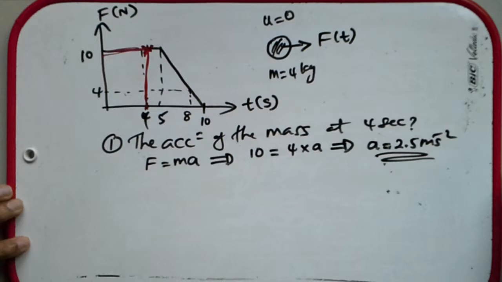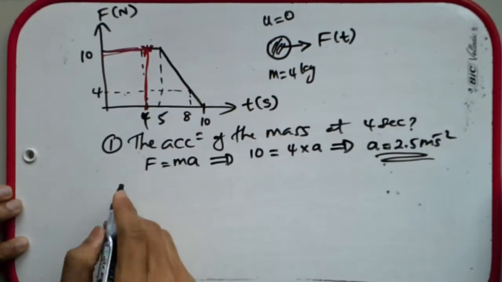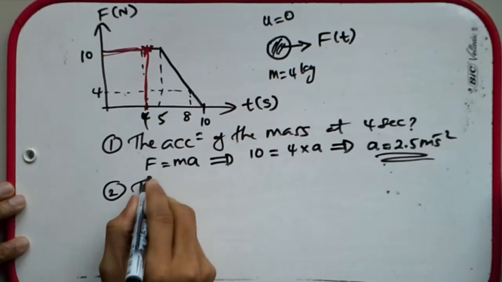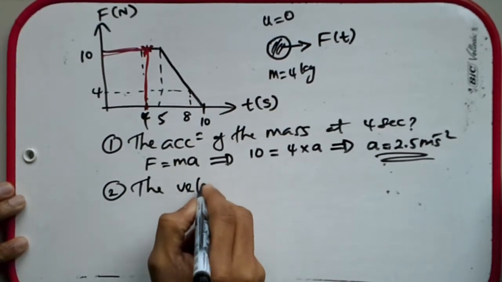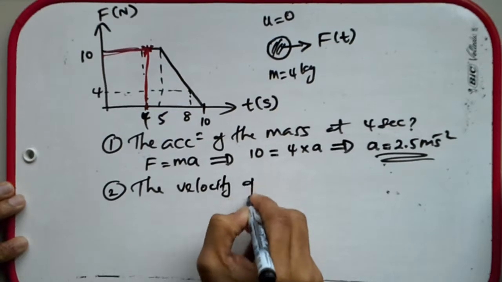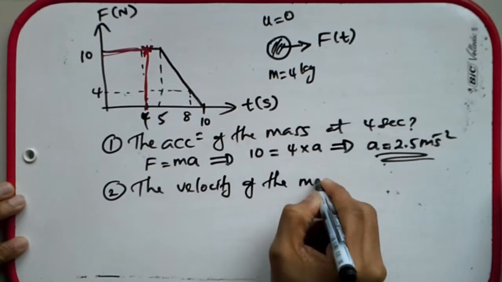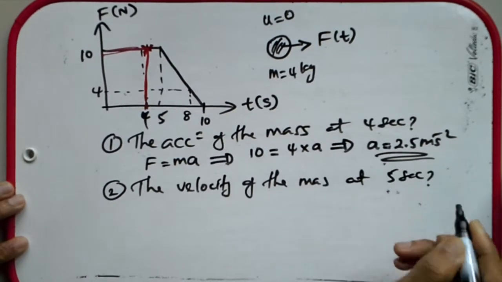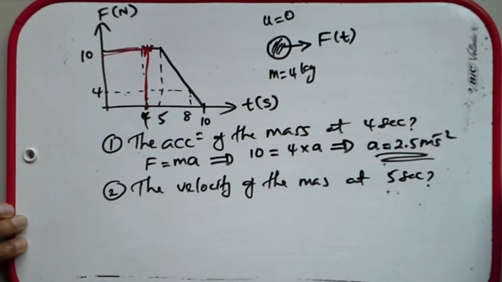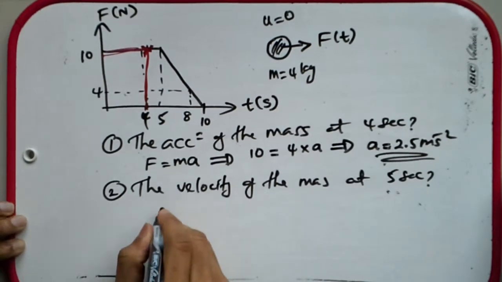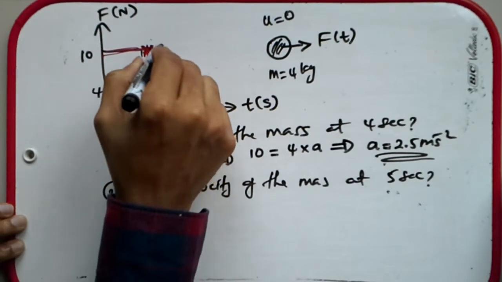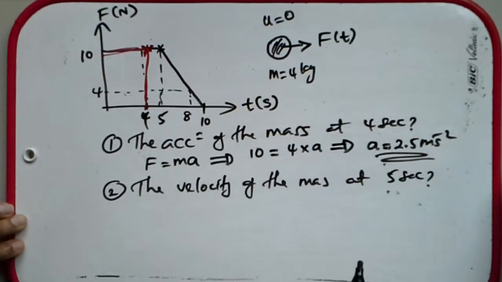Well, question number 2 says: the velocity of the mass at 5 seconds. So how do you do this? Well, at 5 seconds you still have the same force, so the same acceleration.